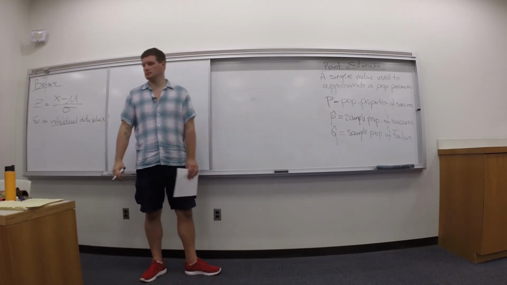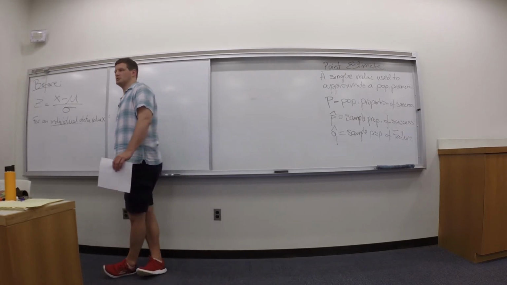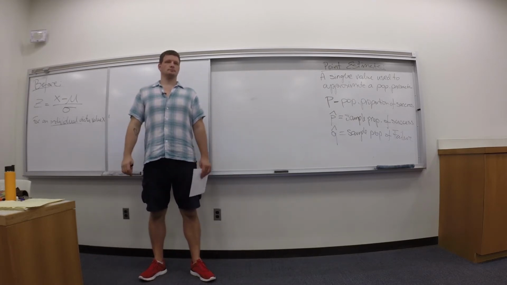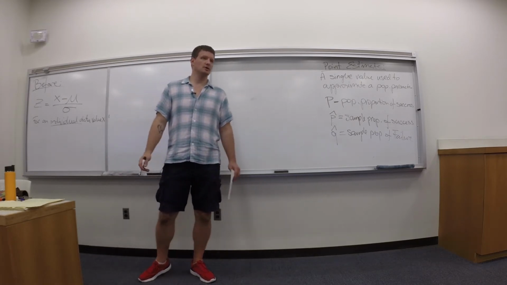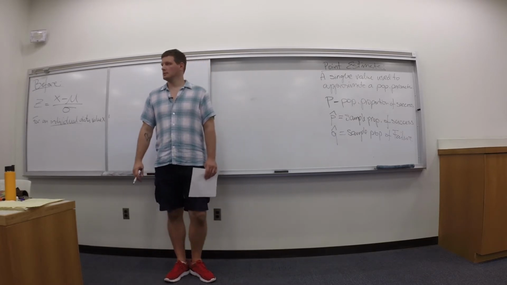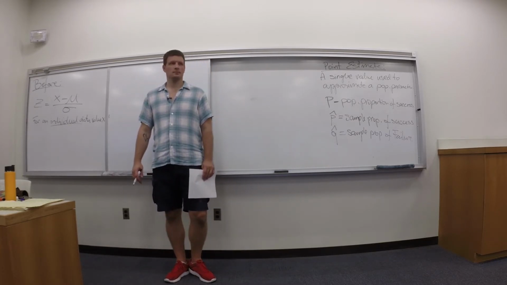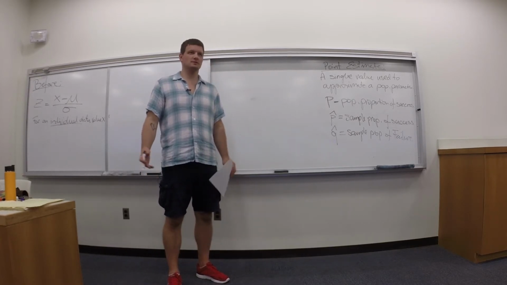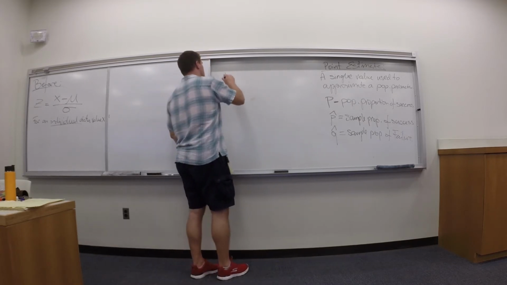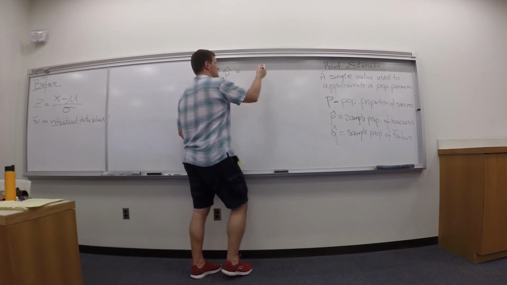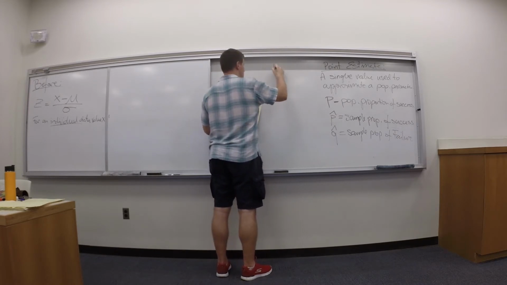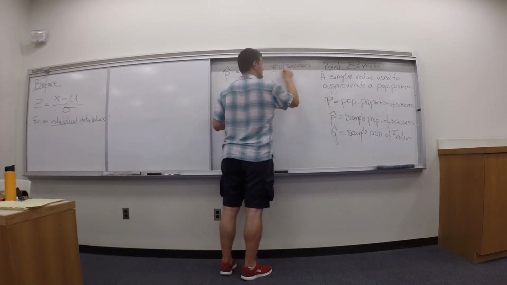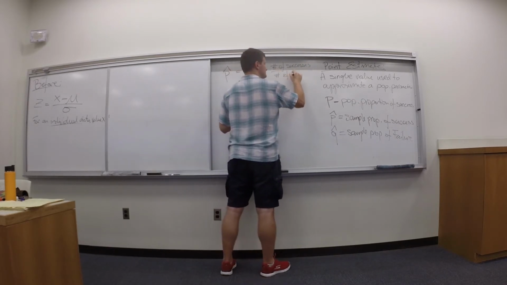How do we define proportion? Proportion of success. How would you define proportion of success? Sure. How do you get the percentage? So if I consider P hat, what would be on top? On top would be number of successes, and on the bottom would be number of trials.